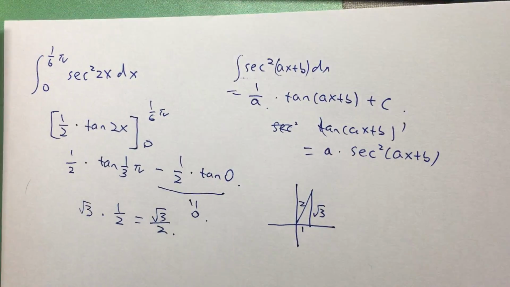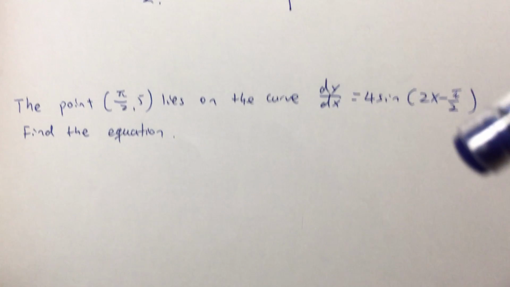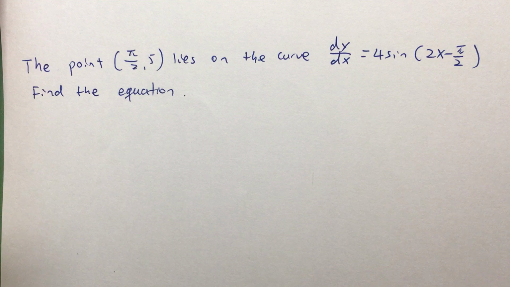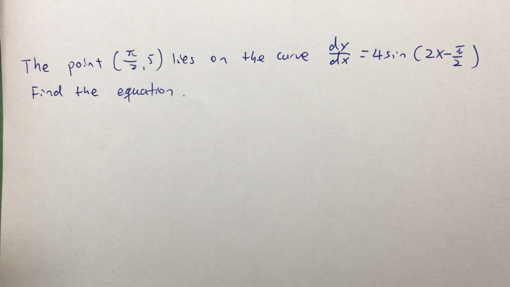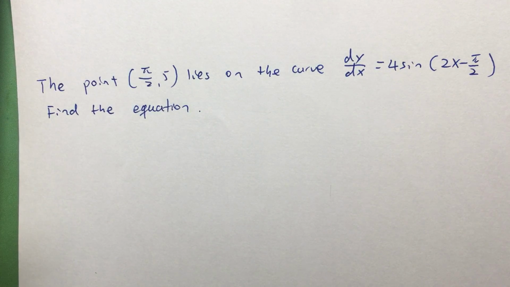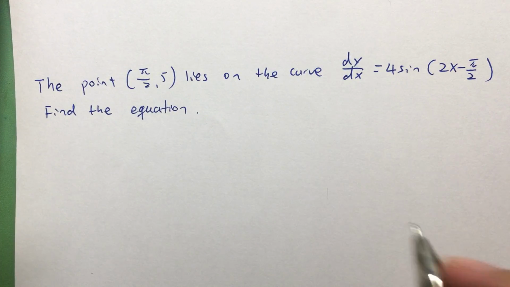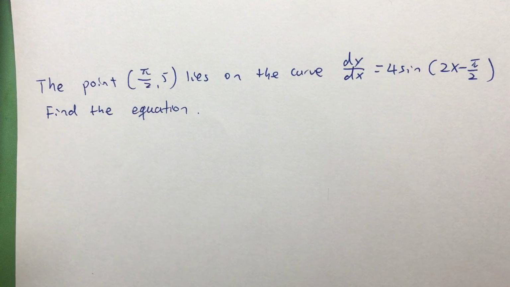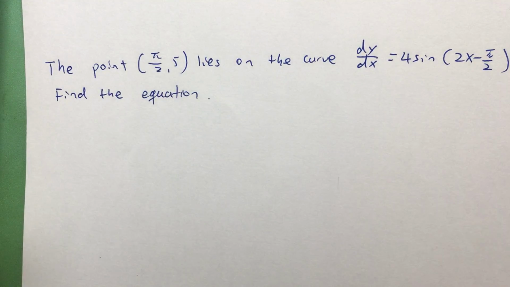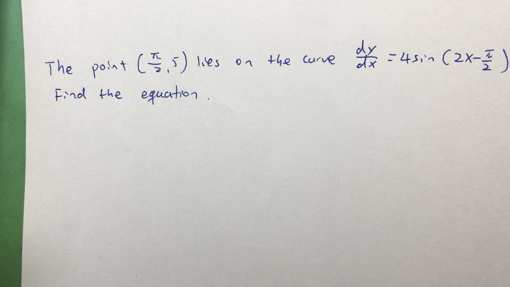Okay, so now let's do a problem solving question, which will appear in many places. They give you a point, and they also give you the differentiation of the curve, and you find the equation. We have tried several examples before, but I still need to tell you how many steps you need.